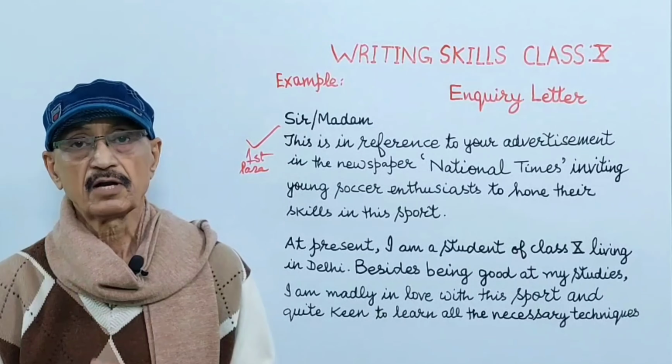You will now start writing the main body of this letter, beginning with, "At present I am a student of class 10 in Delhi," and then you will write other details mentioning why you are interested in joining that course or club or workshop. So you will have to mention these things in the main body of that letter.